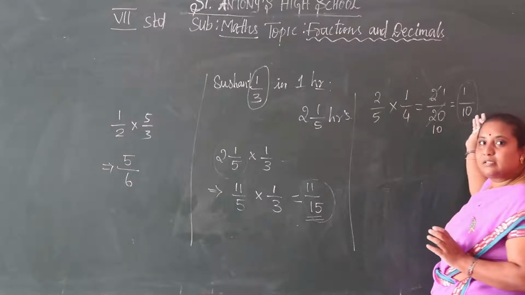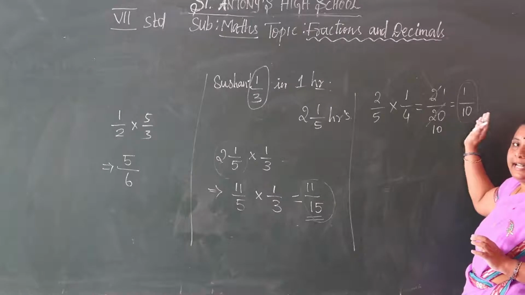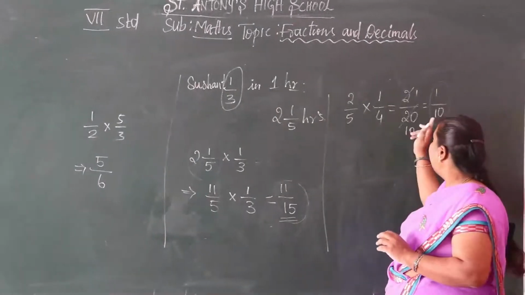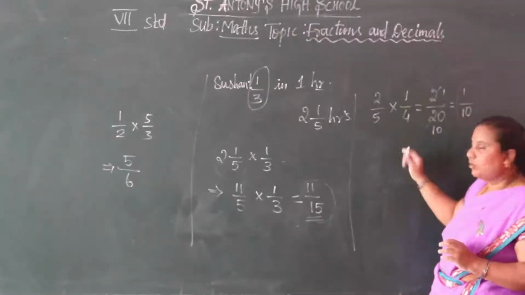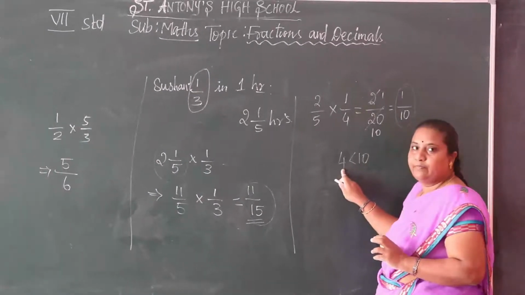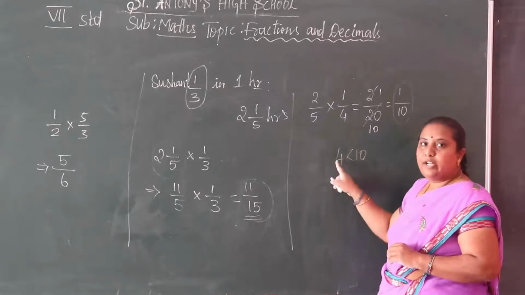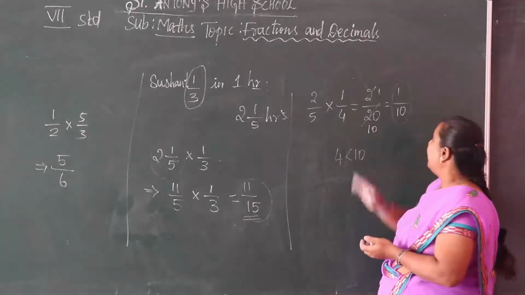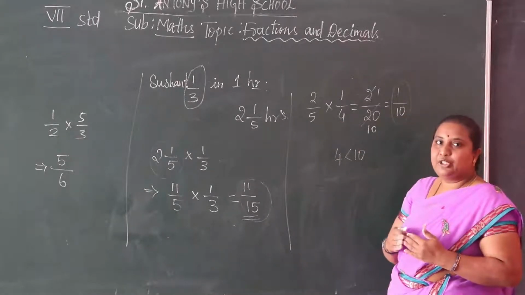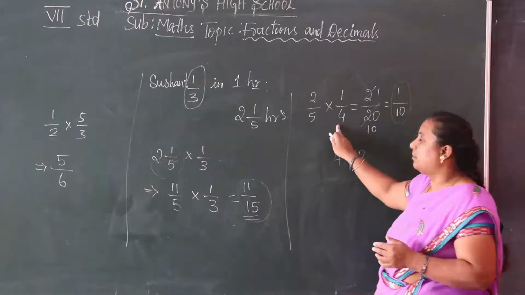The number 10 is greater than 4, and 4 is less than 10. You can't say this is greater than this. While in fractions, the smaller the denominator, the greater the fraction.